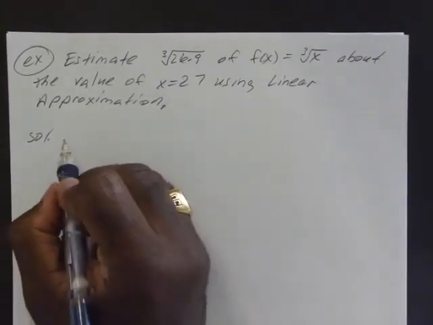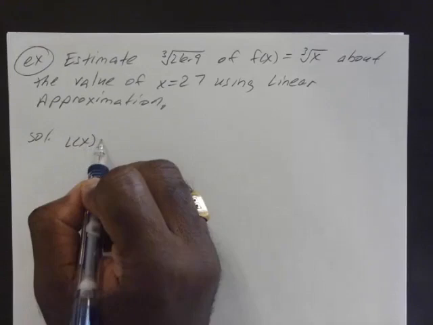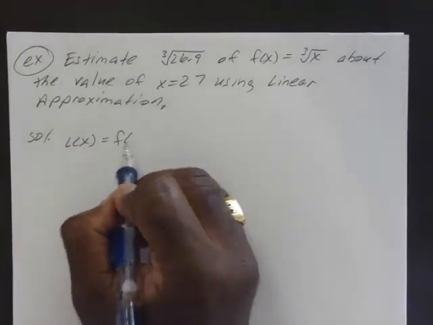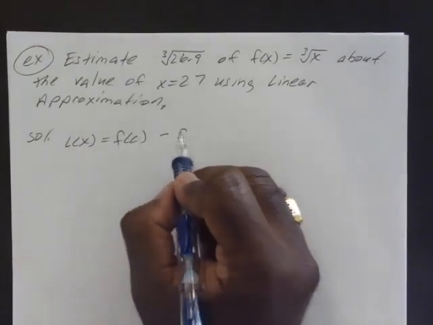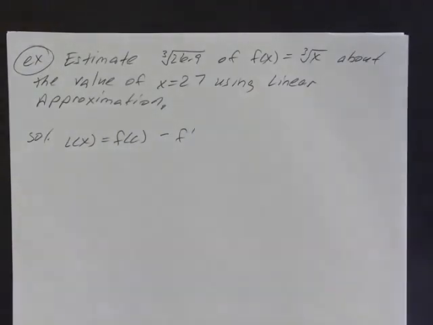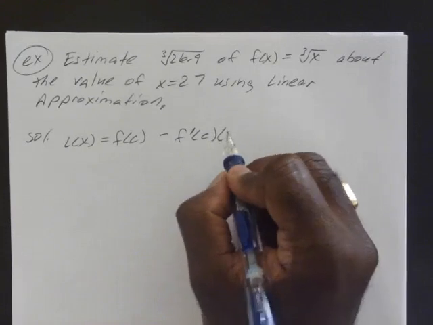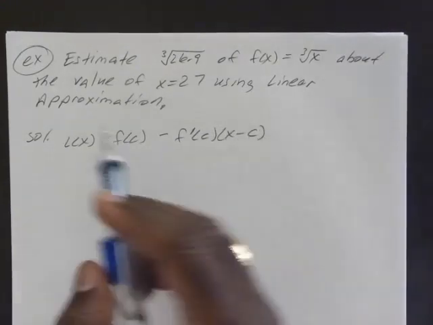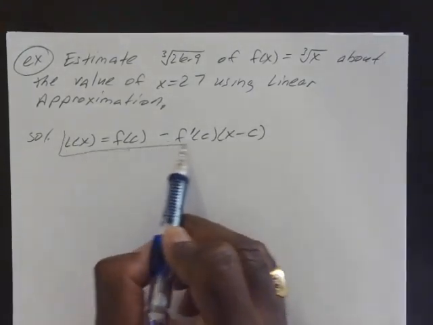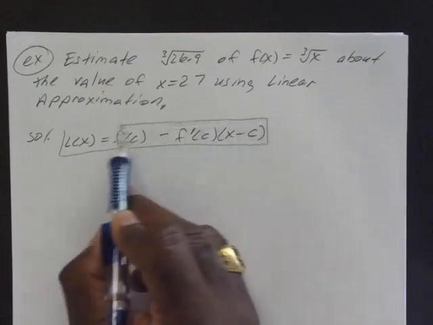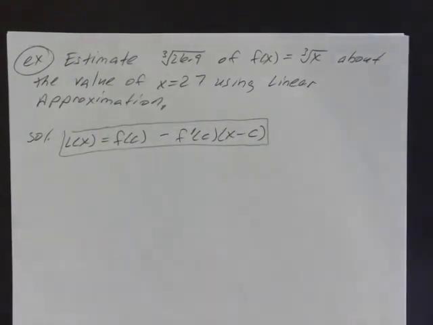Okay, so we know that our linear approximation is equal to f of c plus f prime of c times x minus c, when x is near c.